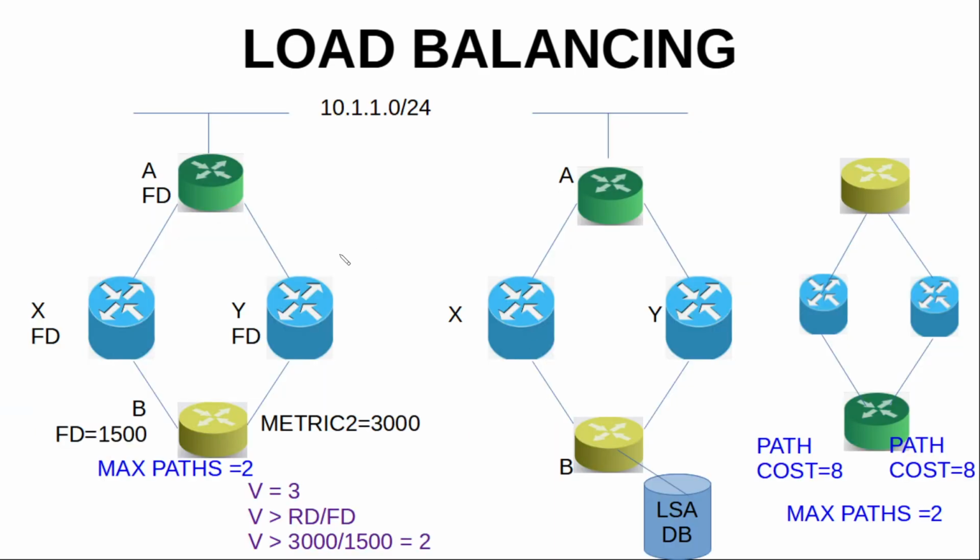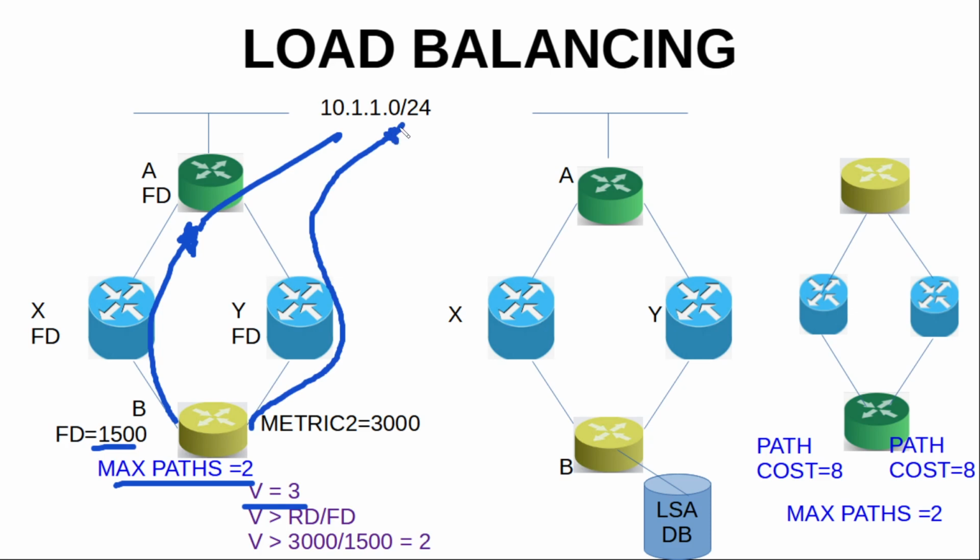Now let's see that in an example. For instance, we have set max paths to 2, we have set variance to 3, and we have this metric. This is the best metric to reach this destination, 1500, and this is the metric that didn't win the contest, and this metric is 3000. So let's evaluate 3000 divided by 1500.